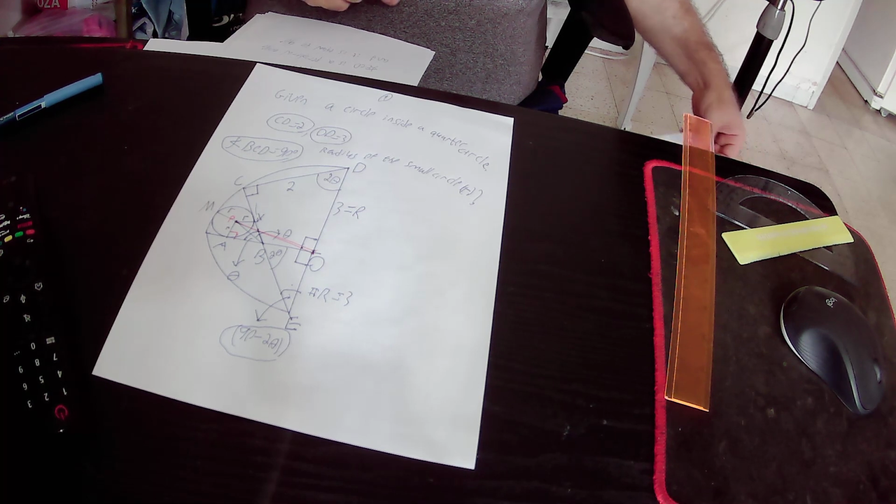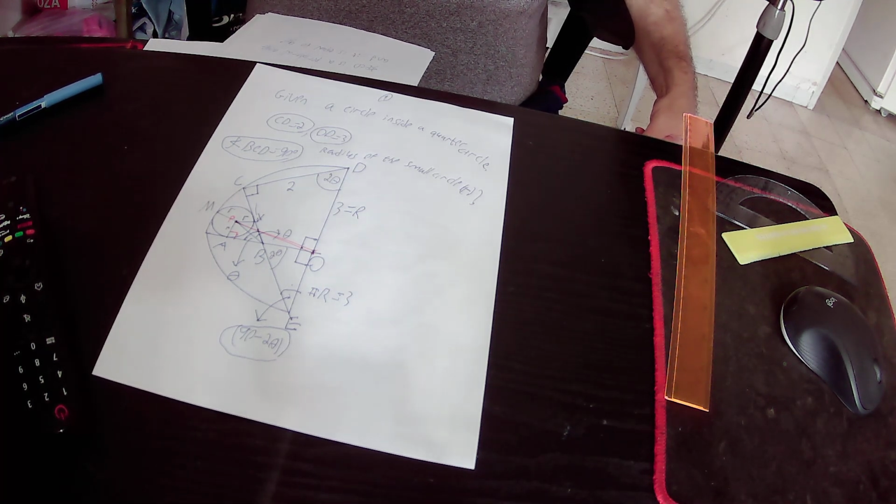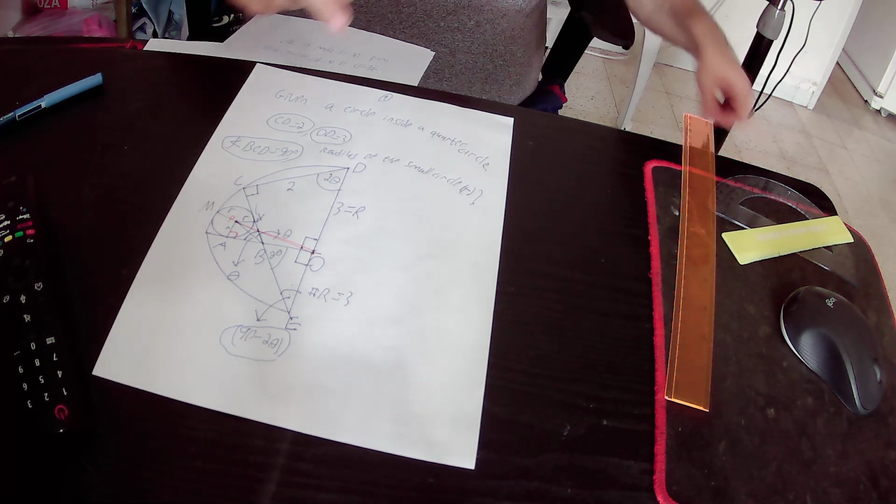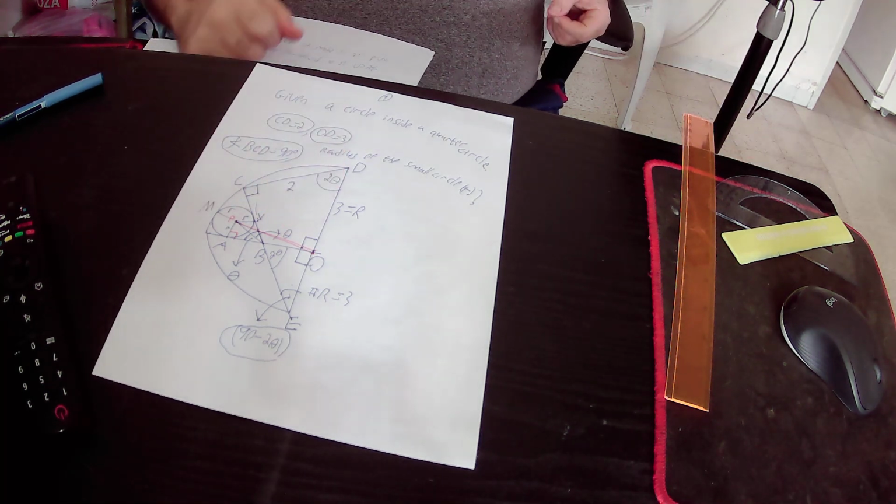Okay, so therefore DE is the diameter of the circle.